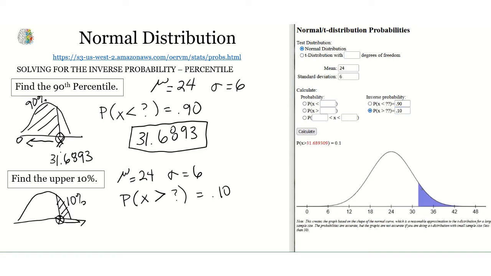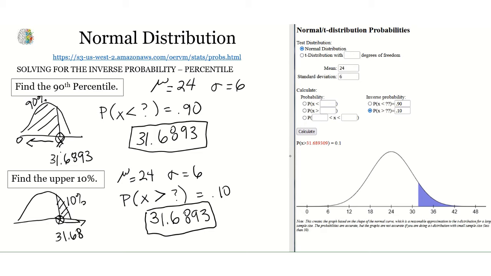It's shaded to the right just like we would expect, and if you'll notice, it's going to give me the same value that I got before when I was looking for the 90th percentile. So these are opposites.